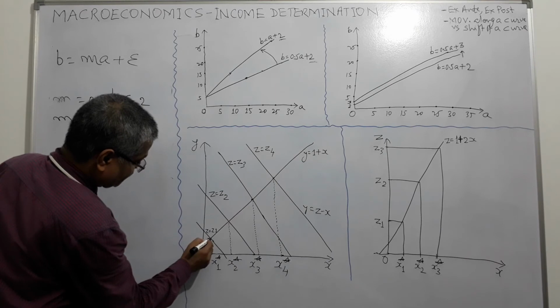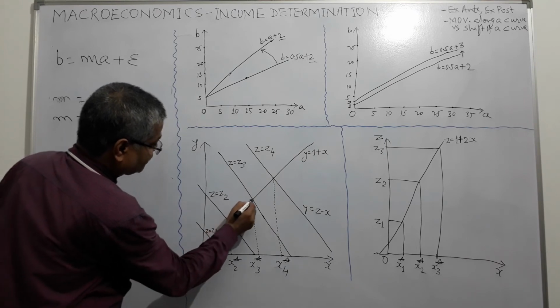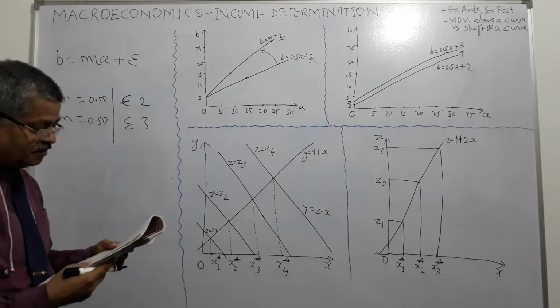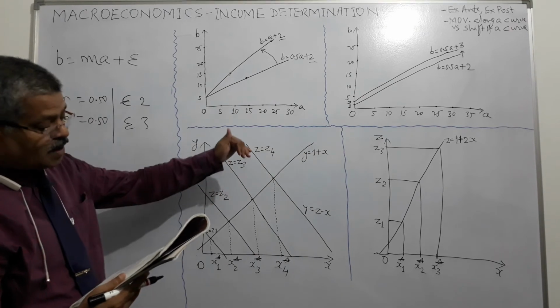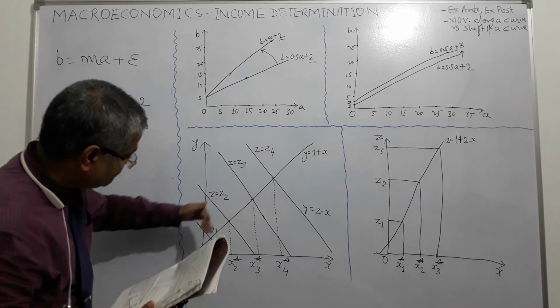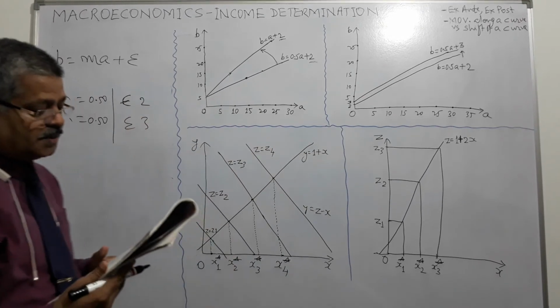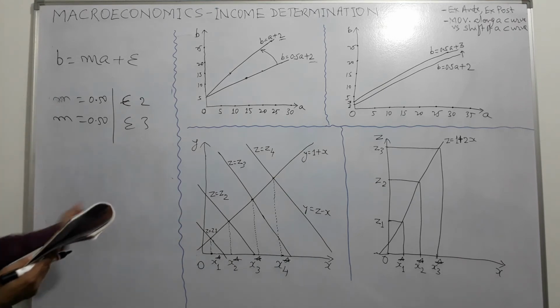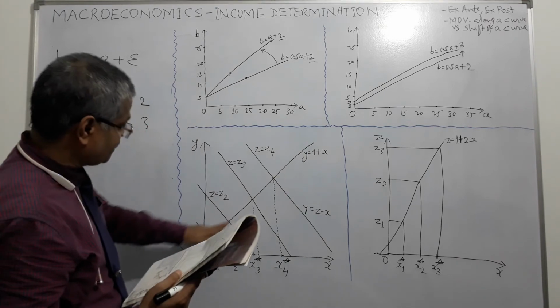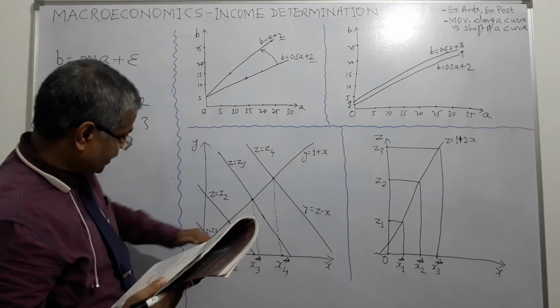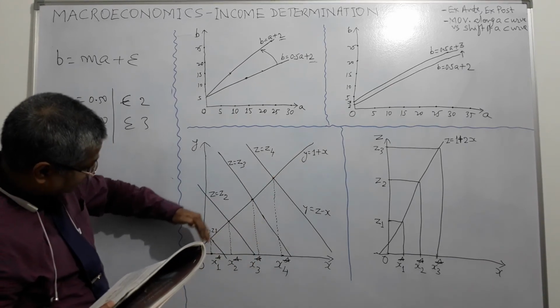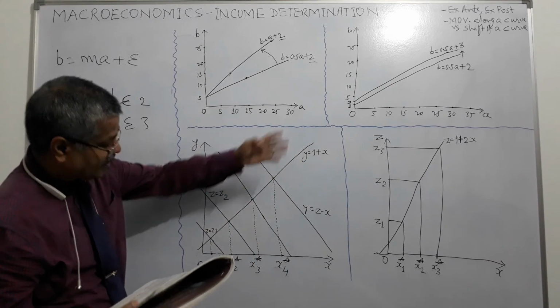For Z1 it was here, for Z2 it is here, for Z3 it is here, for Z4 it is here. It keeps on moving up. Parallel shift, moving up, right? It will move up along the second line. This is called the second line. And this is one line which gradually shifts from here to there to there, right?